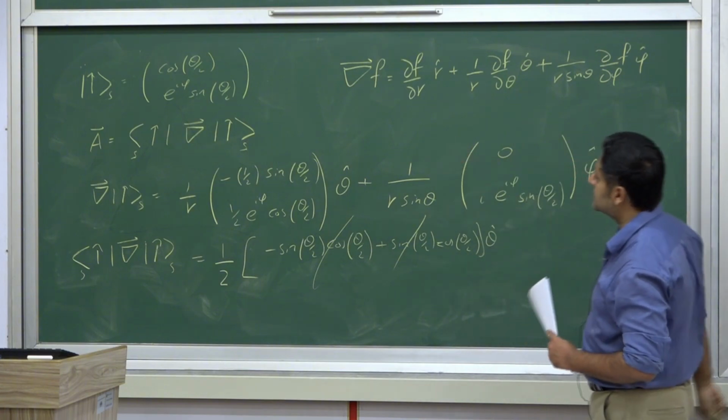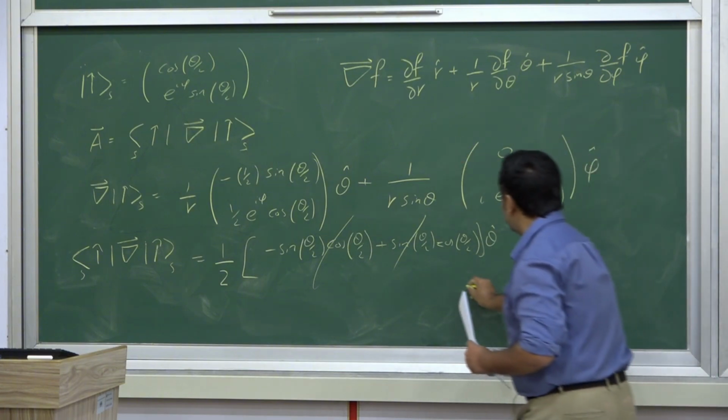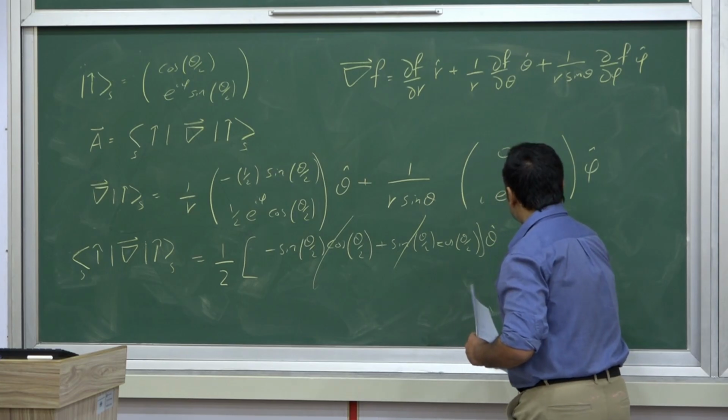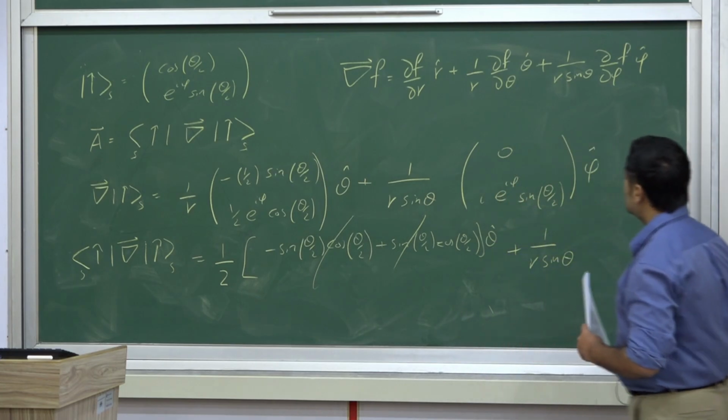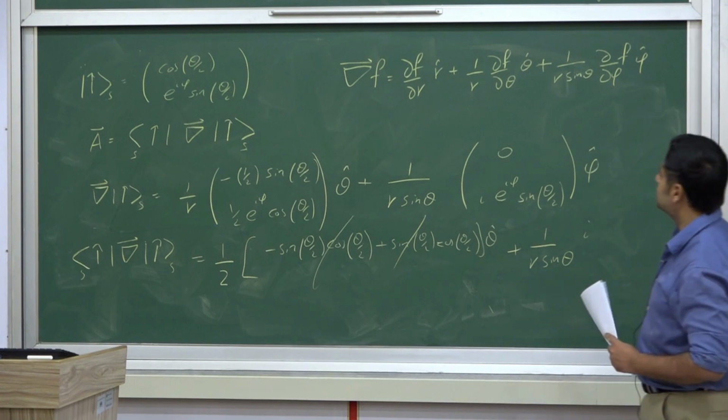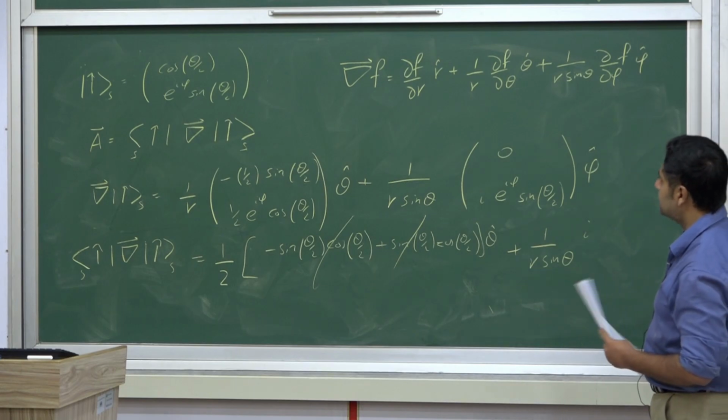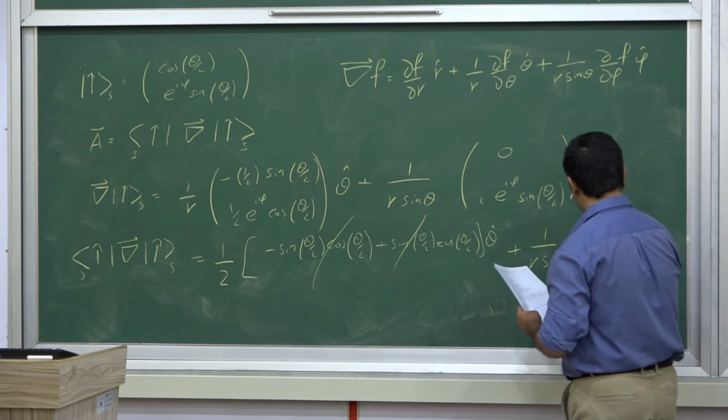So the first gives me 0, and the second term gives me i, phases cancel, sine squared theta.